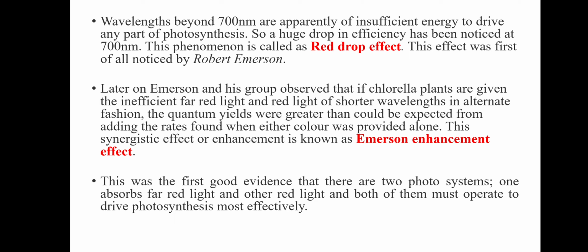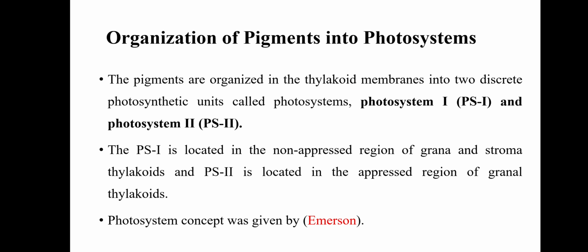This phenomenon is called the red drop effect, and it was noticed by Emerson. Later Emerson applied two wavelengths of light, one red light and one far red light, simultaneously, and he observed that the rate of photosynthesis was enhanced, and that is known as the Emerson enhancement effect.